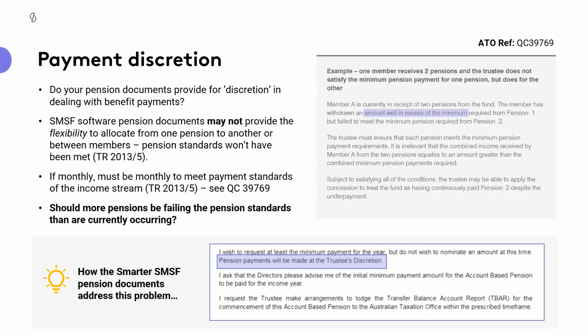They arguably won't nominate an amount, but the payments will rest at the unfettered discretion of the trustee. So therefore, in my example, where we had $50,000 taken out, if we needed to pull 10 across and allocate it to pension 2 or even member 2, we would have the flexibility to do so as long as we have satisfied the minimum pension obligations for the year.